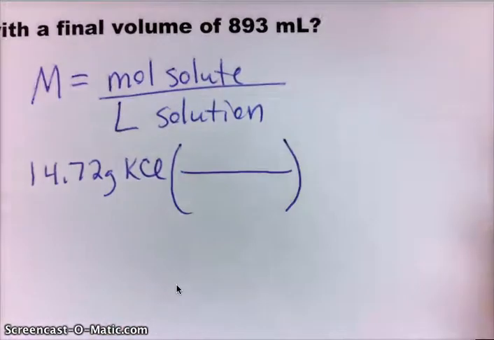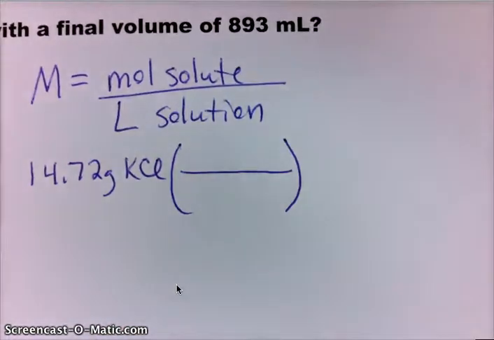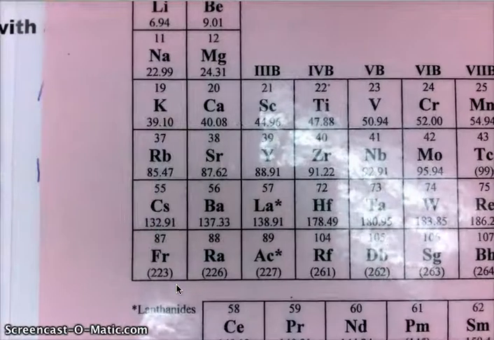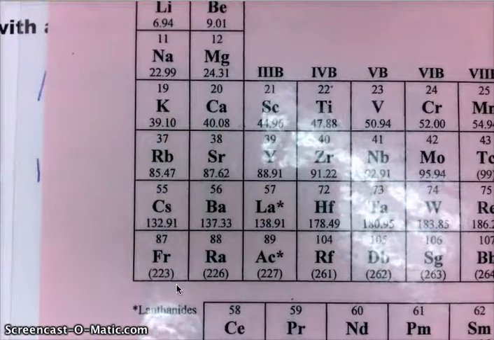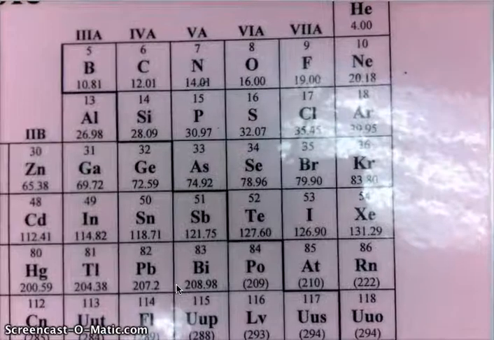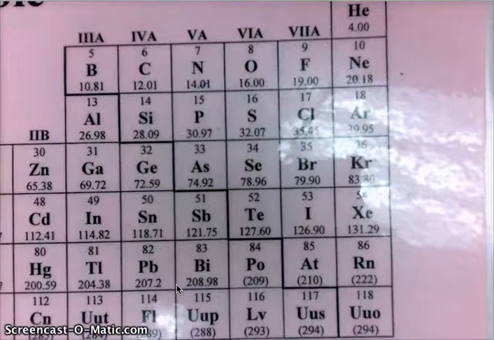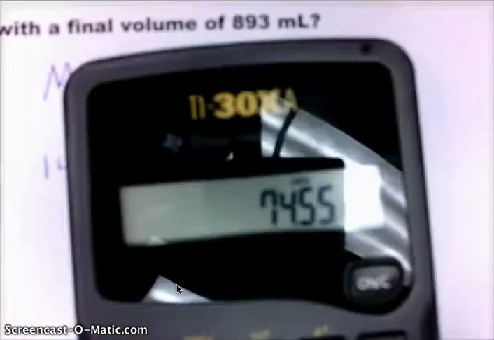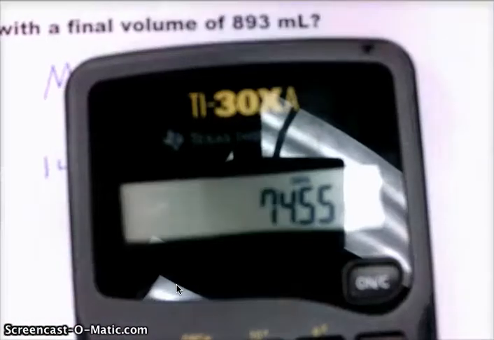So we're going to convert using the molar mass of potassium chloride. So I need to add the mass of a K, which is 39.10, to the mass of a Cl, which is 35.45. When I add those two together, I get 74.55 grams in the 1 mole.